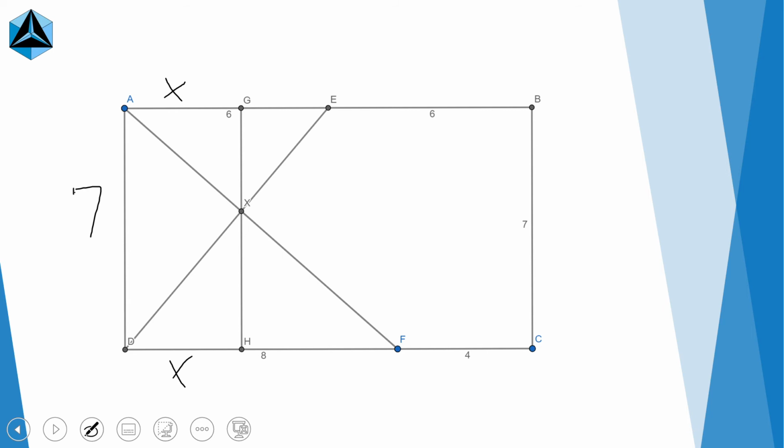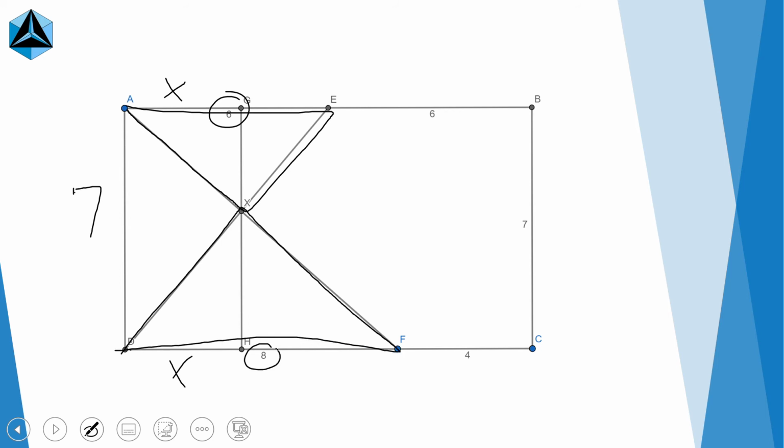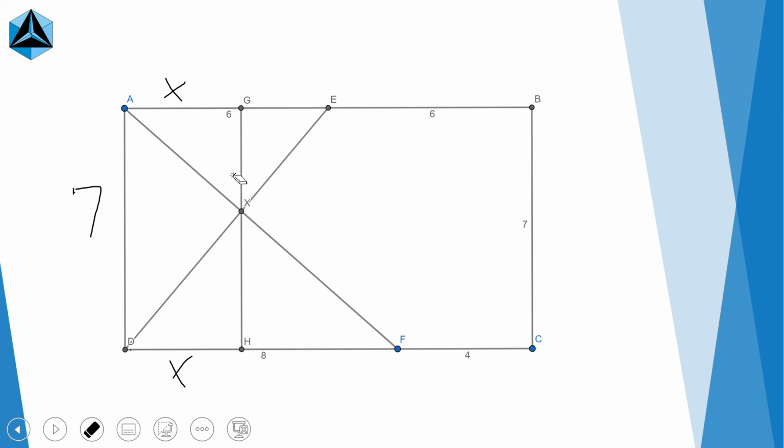But we also want to know the ratio of these two triangles. Since this triangle has length 6 right here, and this triangle has length 8 right here, the ratio of these two triangles is 3 to 4. So if I draw in this triangle and the blue triangle, the red to the blue is in ratio 3 to 4.